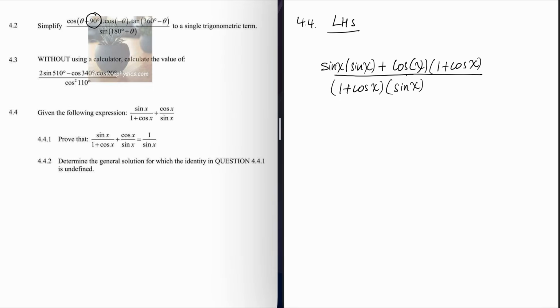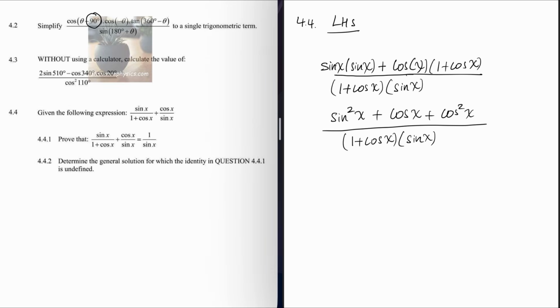Now let's expand. So I'm going to have sine squared x plus cos x times 1 is cos x, and then cos x times cos x is cos squared x, and that's divided by 1 plus cos x and sine x. Now the reason why I'm not expanding that is because I'm hoping that something is going to cancel.